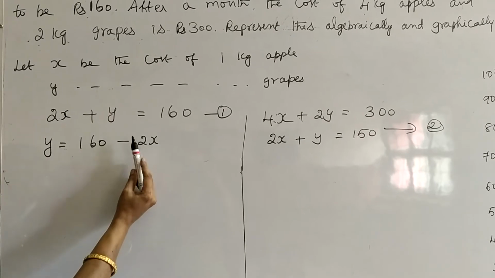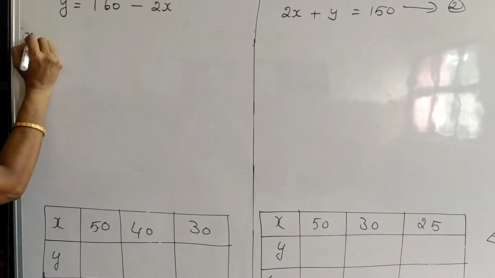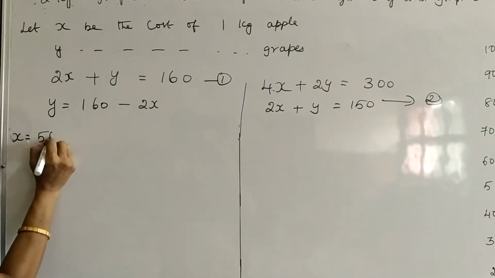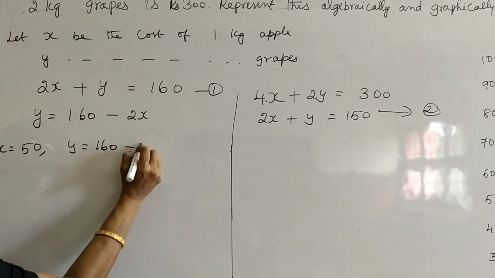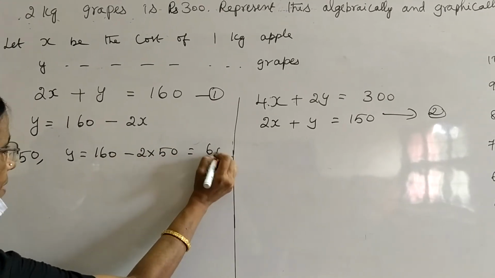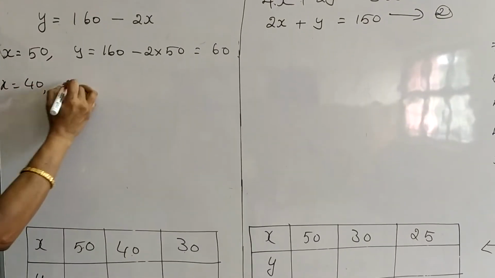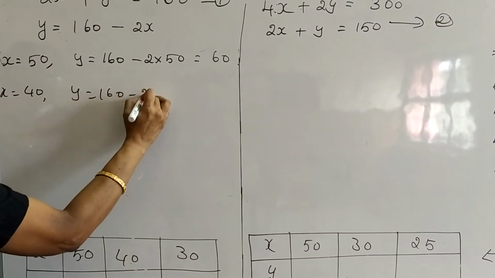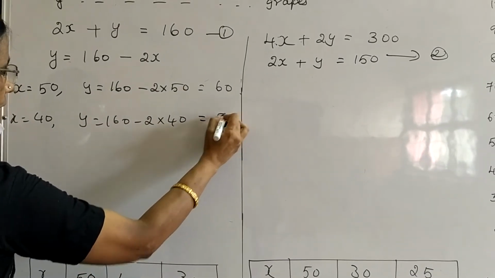So I have taken the appropriate values 50, 40 and 30. First I take x is equal to 50 and I find the corresponding value of y. It is 160 minus 2 into 50, 160 minus 100 becomes 60. Then I take x is equal to 40. The corresponding value is 160 minus 2 into 40, 160 minus 80 becomes 80.